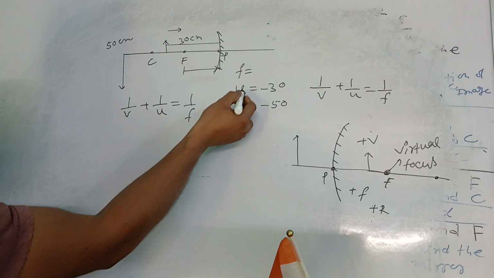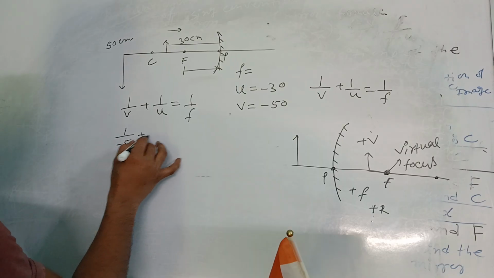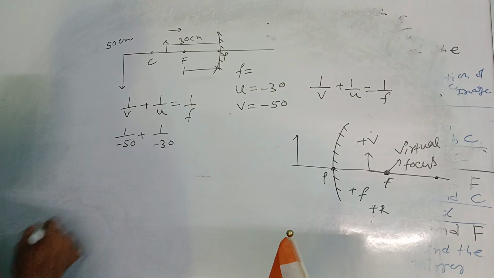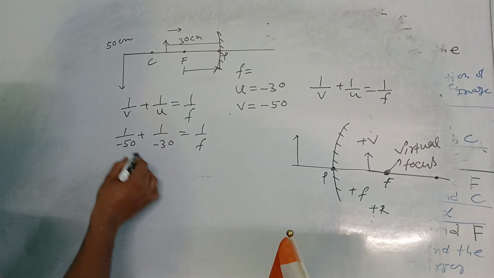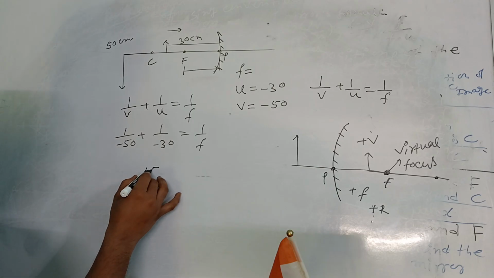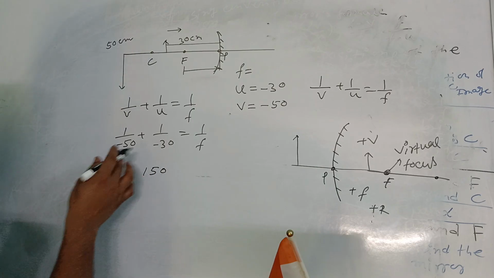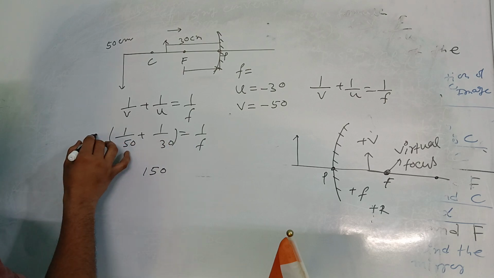Now put the values. So 1 by minus 50 plus 1 by minus 30 is equal to 1 by f. So LCM is what? LCM is 150. Take minus common and put it here.